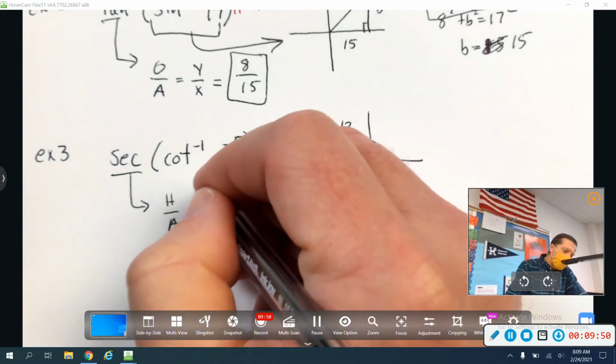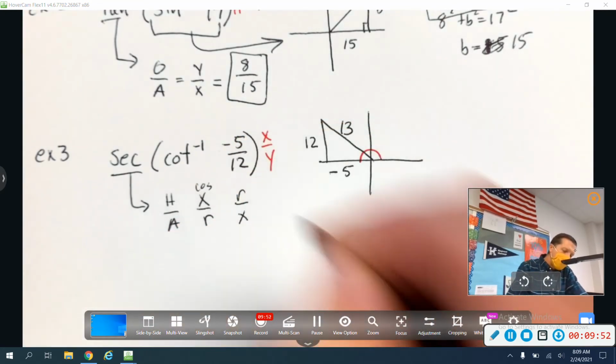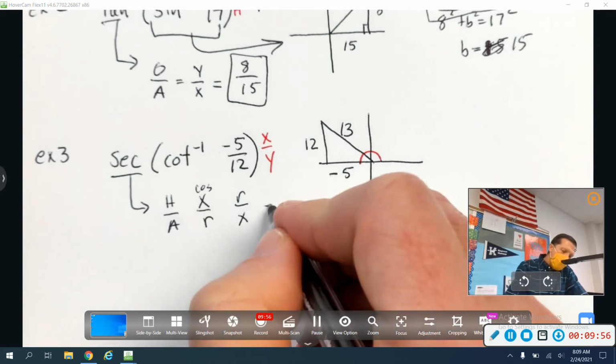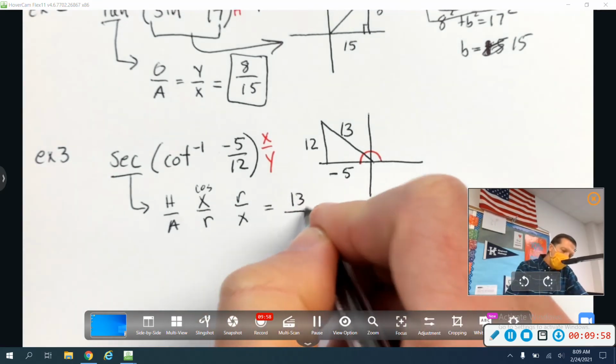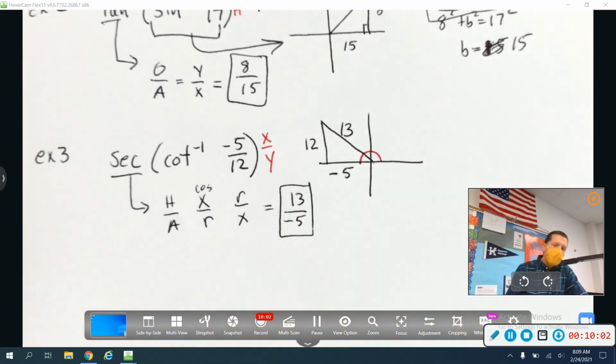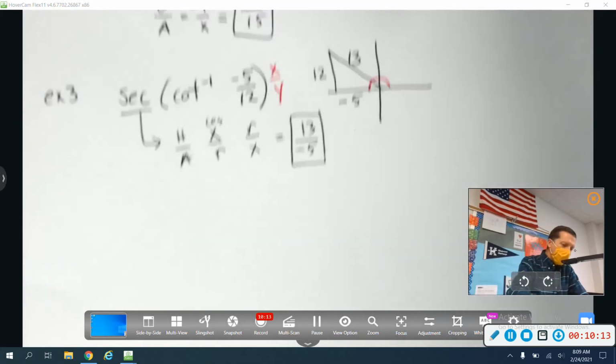X over r would be cosine, so r over x. So 13 over negative 5. Use the inside information to draw a little picture, then use the picture to answer the outside question.